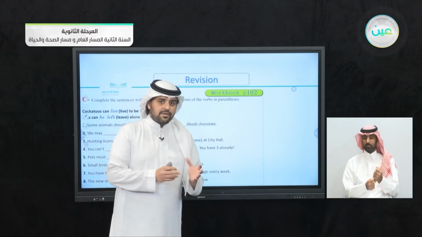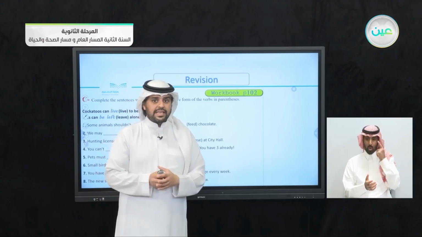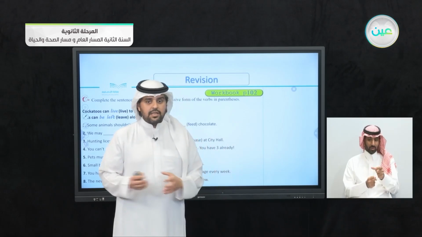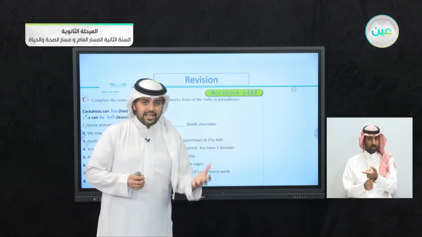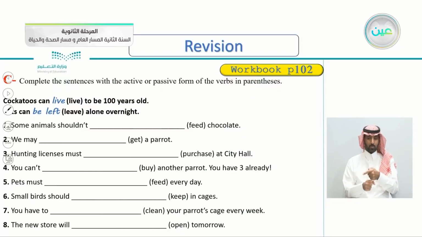Is it active or passive here? Is the subject there? Is the object there? There are many clues to decide whether it's an active or passive sentence. So again, number one, some animals shouldn't be fed chocolate.